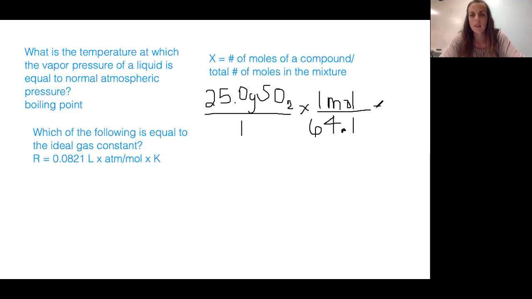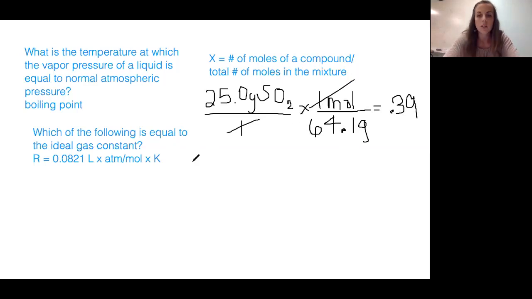We put it in the calculator: 25 divided by 64.1, because the ones don't really matter, remember? So it's just 25 divided by 64.1, and I'm going to get 0.39. So that's 0.39 moles of SO2. Now I have one of them.